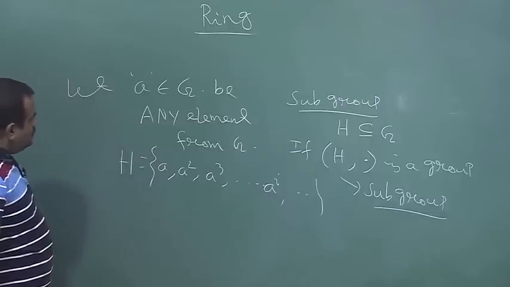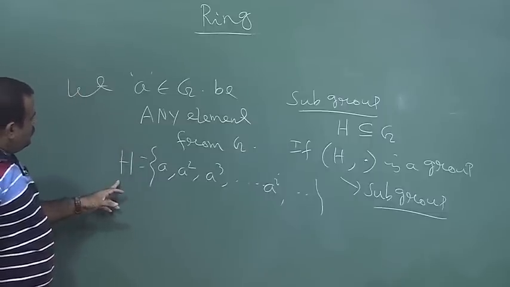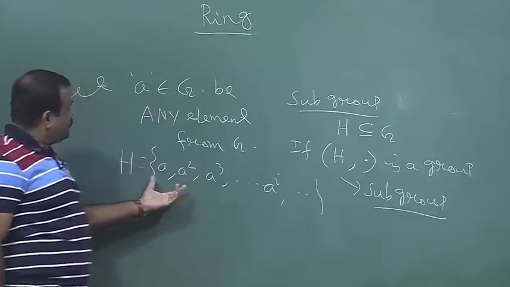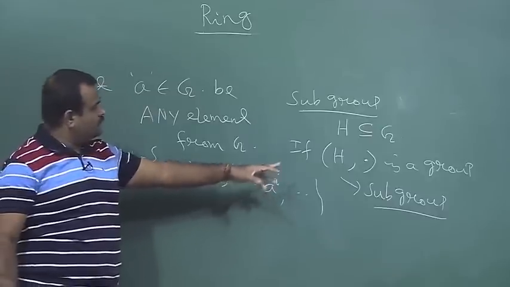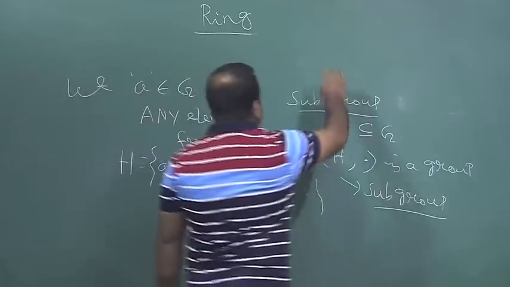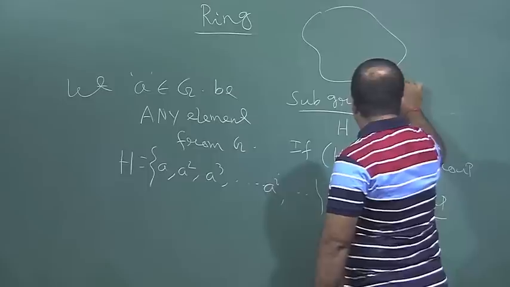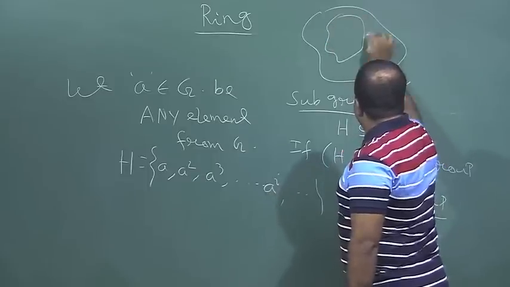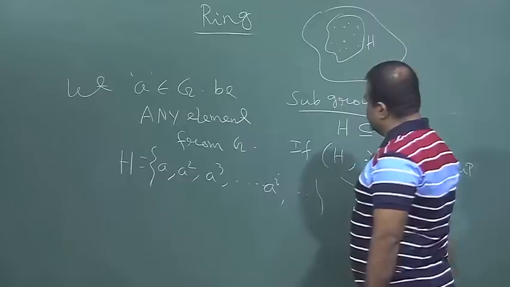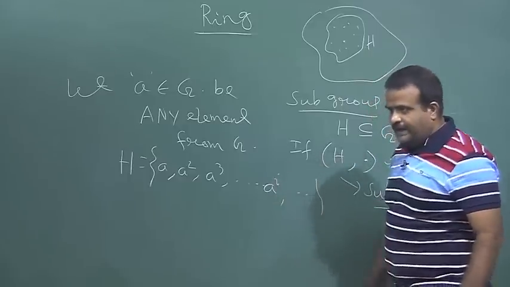So this is a subset, because by the closure property of G, all the elements must belong to G. So, basically it is a subset. We have a set G and we are taking a subset H from here, whose elements are generated by this element A.